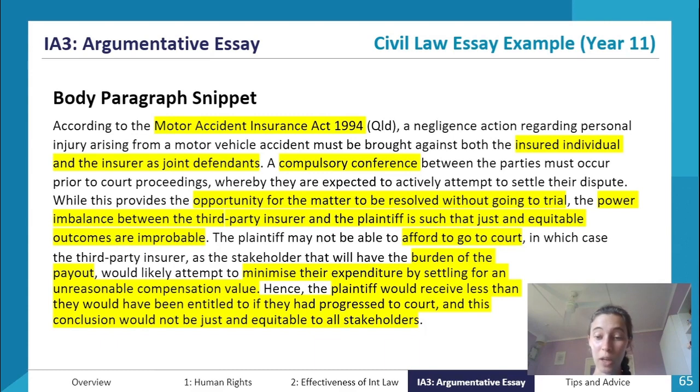And then delving into that even deeper, why not? Things like affordability, as well, and explaining that full situation. So you're really digging deep into why it wouldn't be just and equitable.